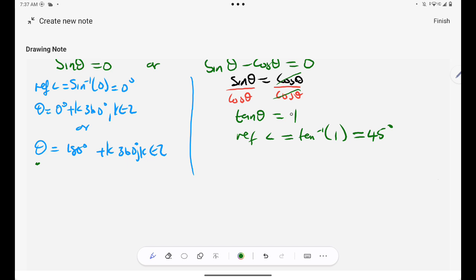If tan is equal to a positive number, your angle should be expressed in the first quadrant. If tan is equal to a negative number, angles should be expressed in the second quadrant. Are you together? So in this case, I'll simply say theta is equal to, in the first quadrant, I'll just write angles as they are, plus k 180, where k is an integer. Please remember that the period for tan is always 180.